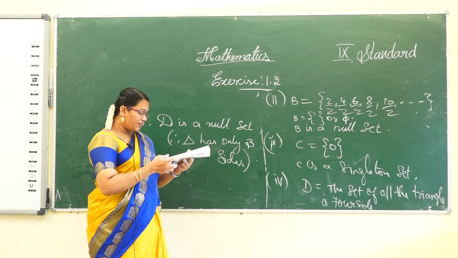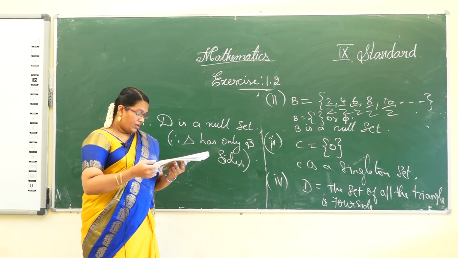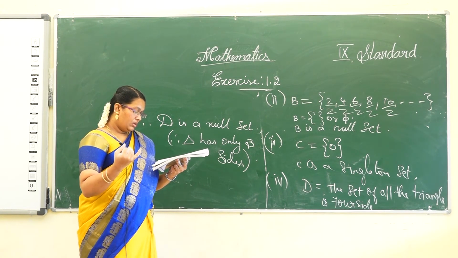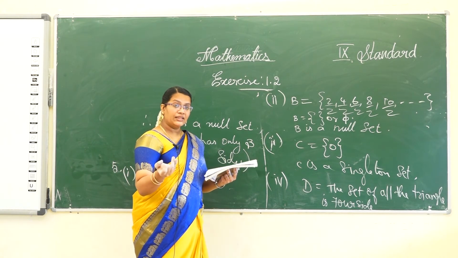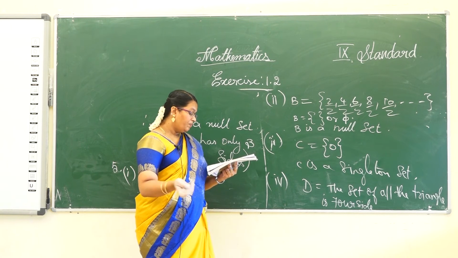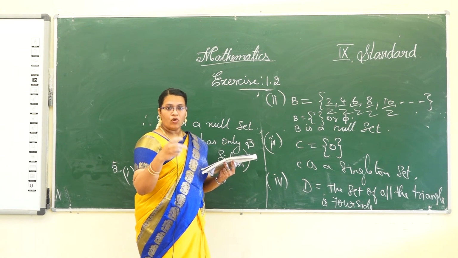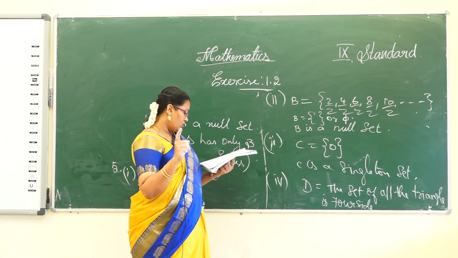Which shapes have 4 equal sides? Square. Rectangle is not there, as only opposite sides are equal. Circle does not have a side. And rhombus also has 4 equal sides.